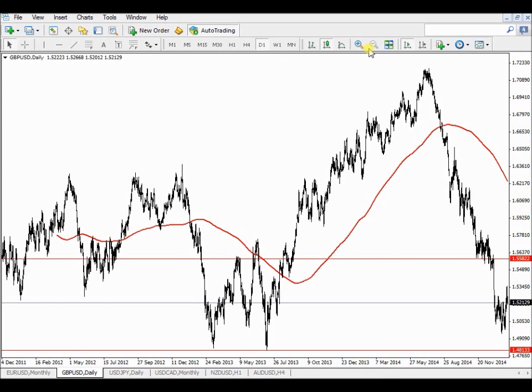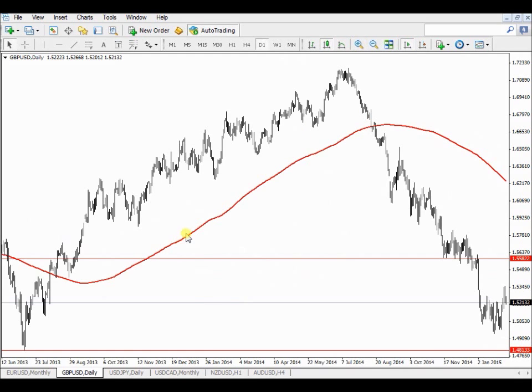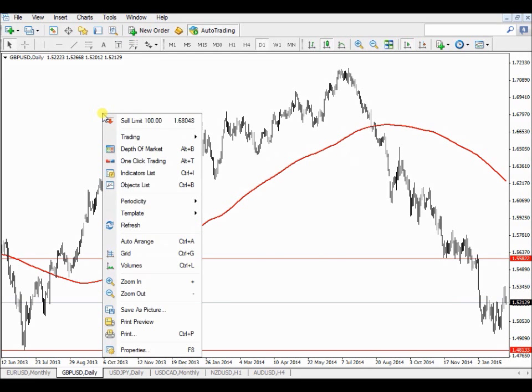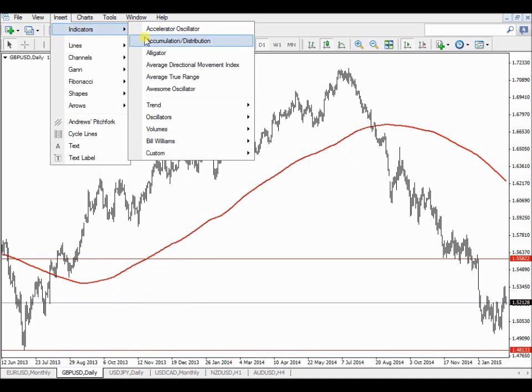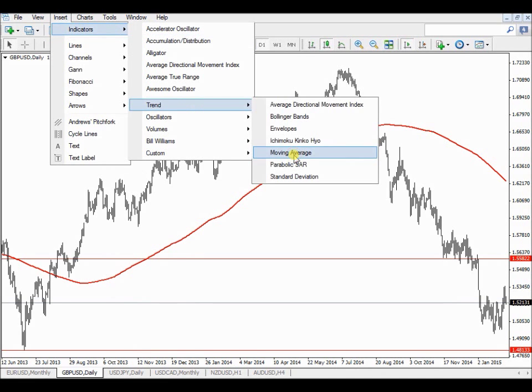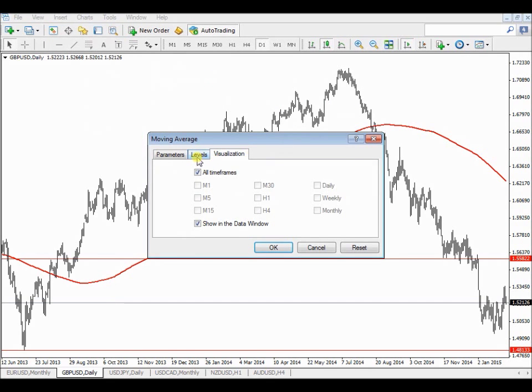On that chart, it adds up the average of the last 200 candles, and that is my moving average. If I insert another indicator, I will make it another moving average in another style. I'm going to show you now.